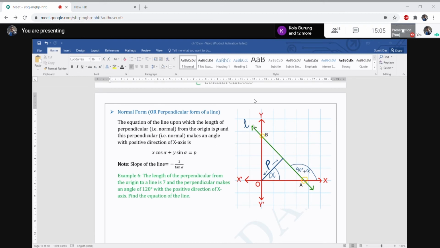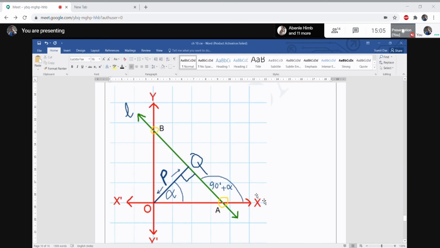Then what will be the equation of this straight line? I'm reminding you again, here the angle alpha is made by the perpendicular, not by the line. I'll explain later. For now, the line OQ makes angle alpha with the x-axis.